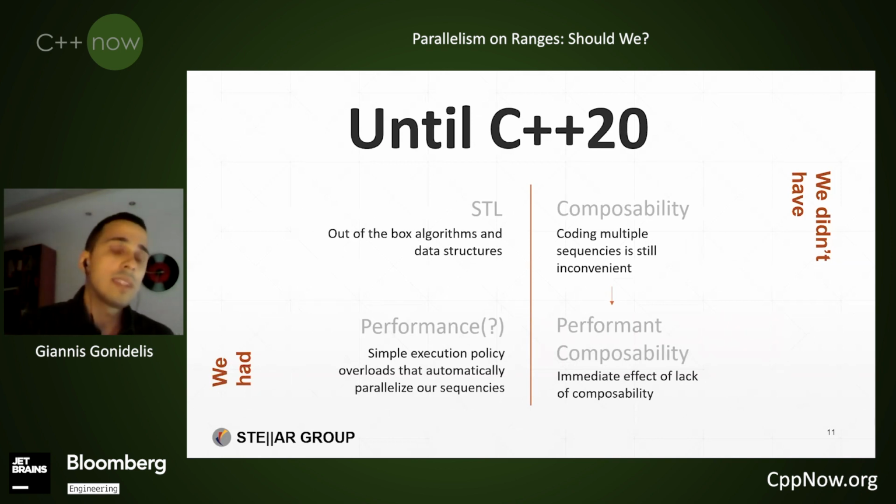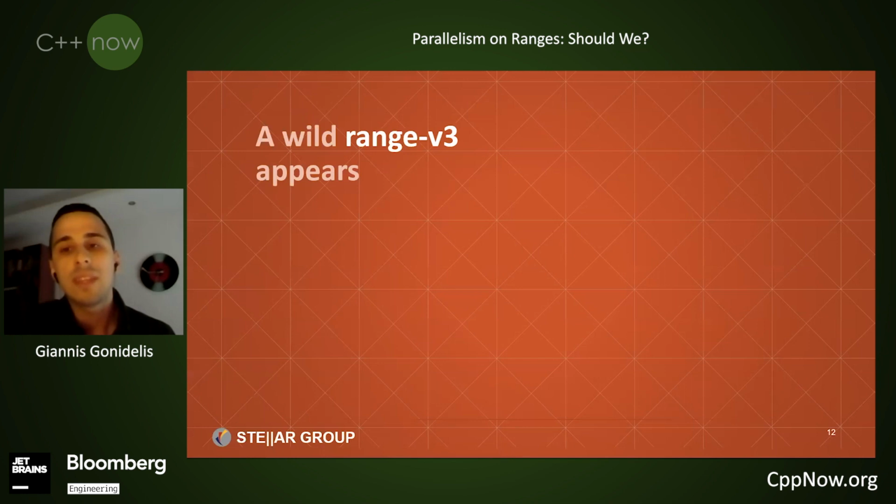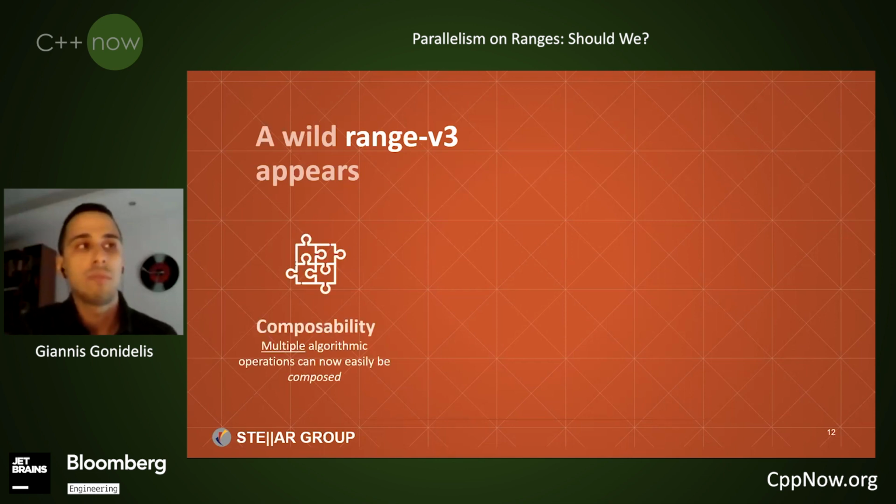So I'm going to take it a step back and introduce you to Range v3. For those who don't know, Range v3 is a third-party library that is being developed by Eric Niebler and has been partially standardized in C++20. And its two main advantages are that it exposes composability.